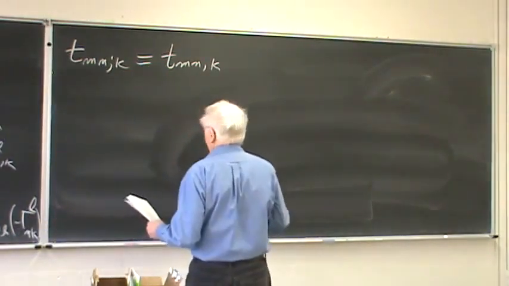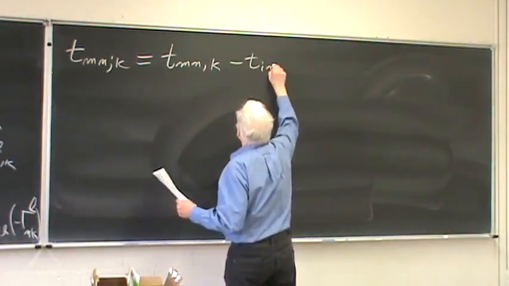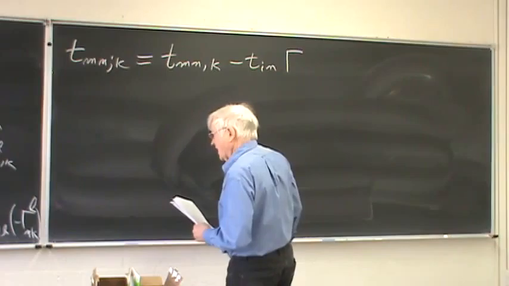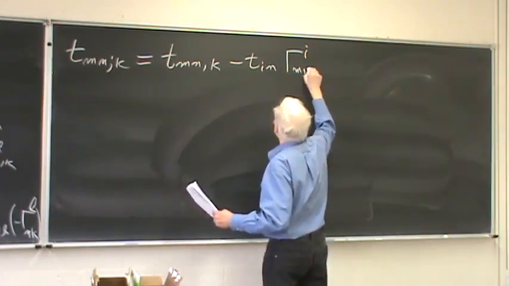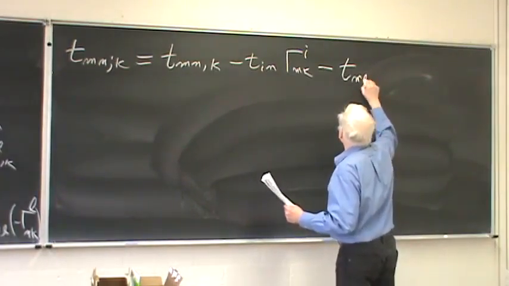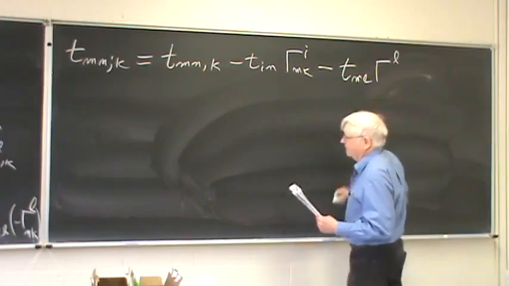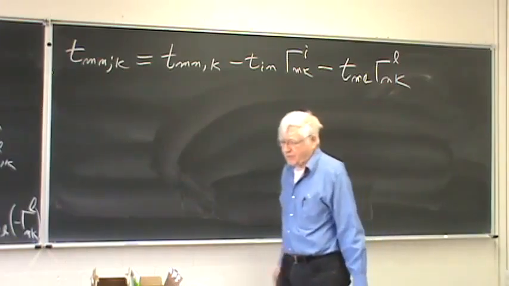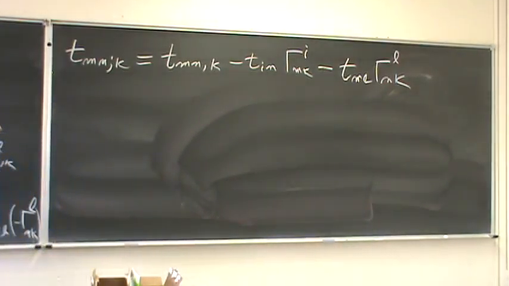The first one is minus T_IN gamma^I_MK, and then minus T_ML gamma^L_NK. Okay, so this is the formula for the covariant derivative of a general second rank tensor.